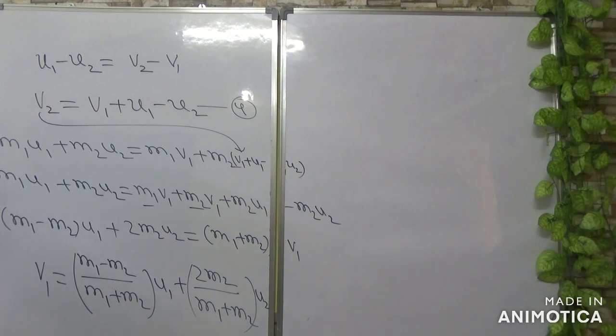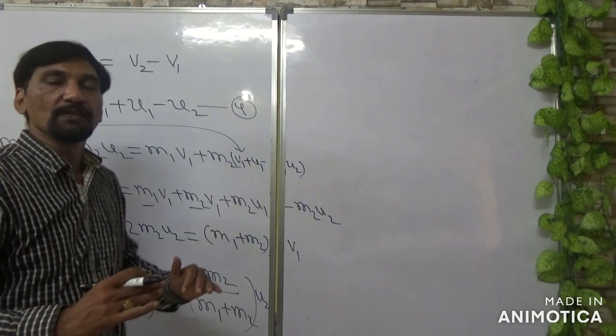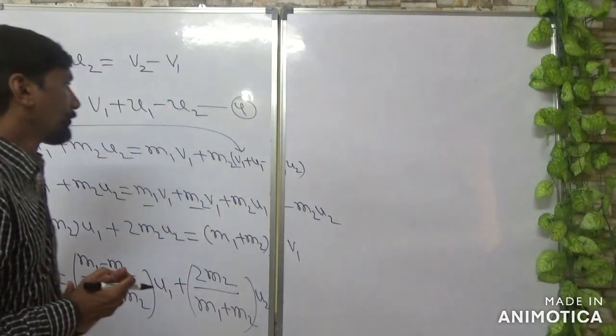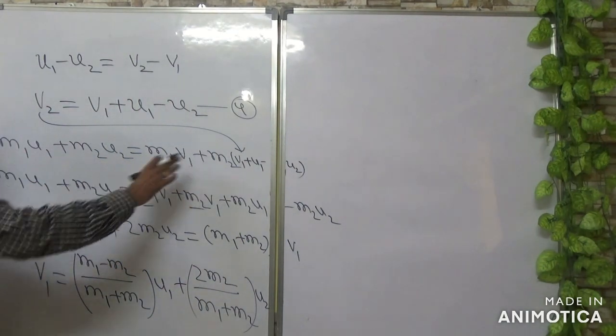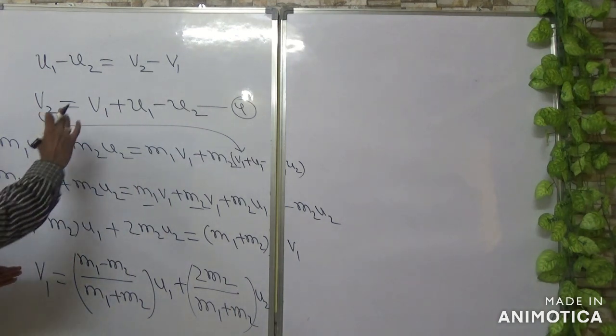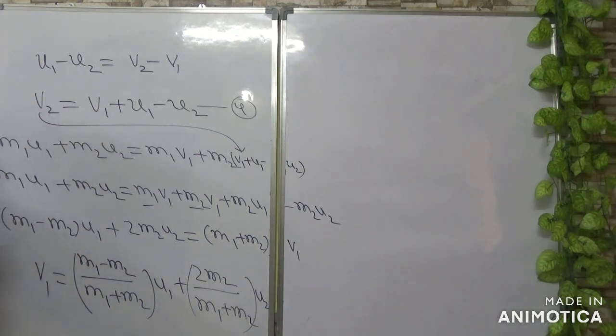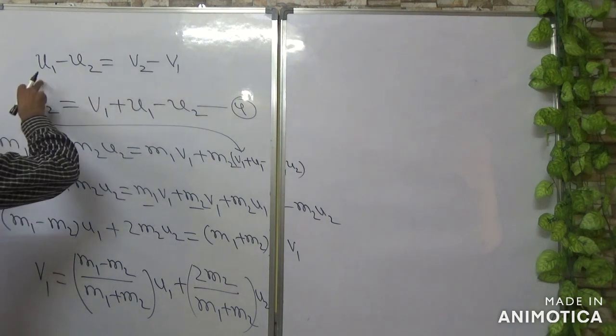Similarly, you can find the final velocity of the second body also. How? Over here you eliminated v2, so you got v1. If you eliminate v1 now, you can find v2. So v2 minus v1 equals u1 minus u2.